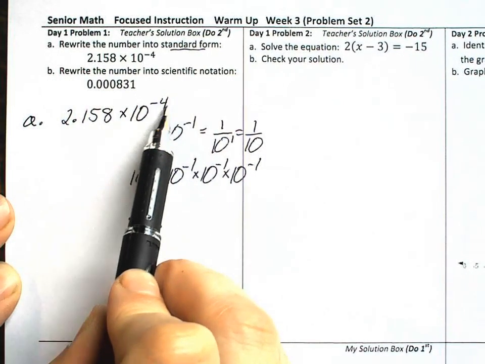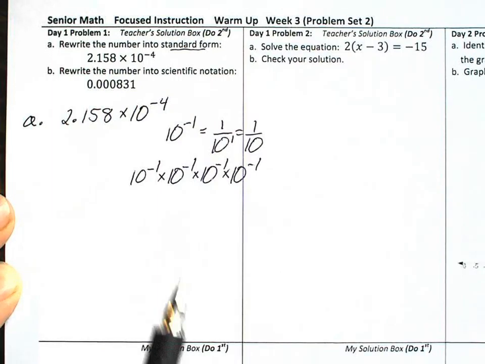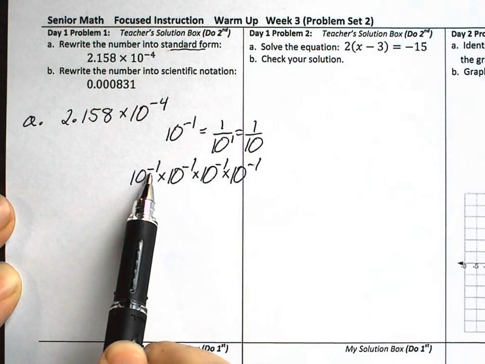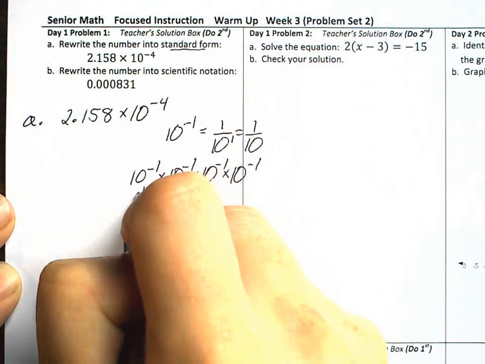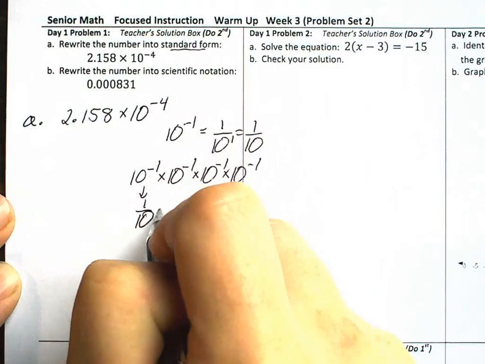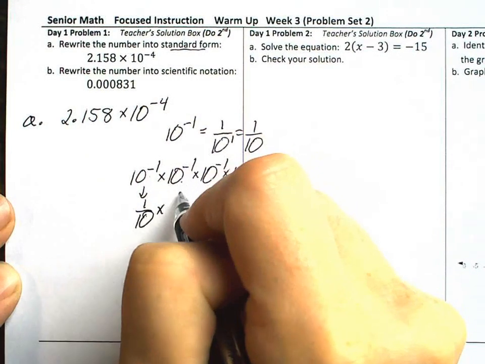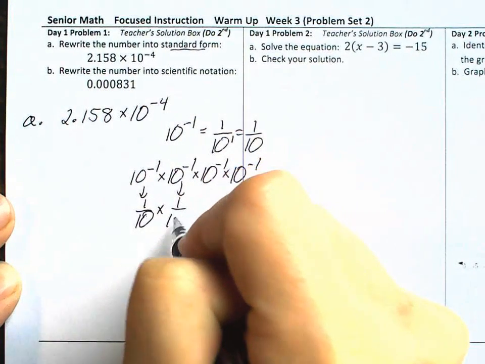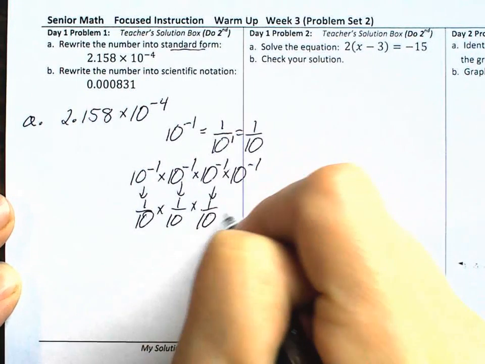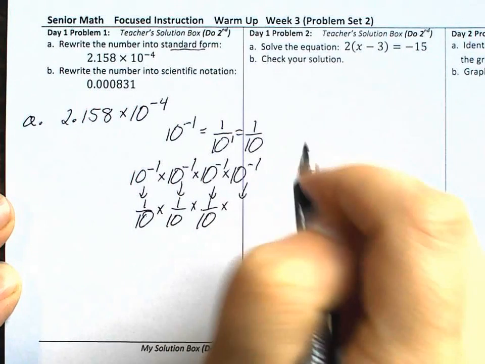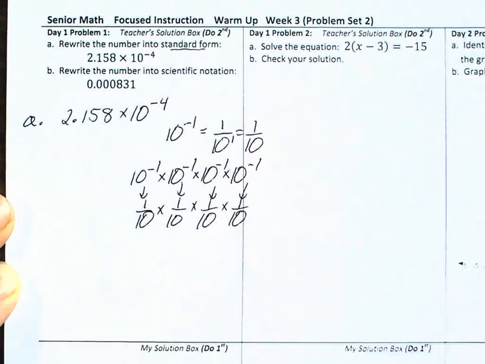That's what 10 to the negative fourth power indicates. Remember that each of these pieces means 1/10. So 10 to the negative 1 power is the same as 1/10.